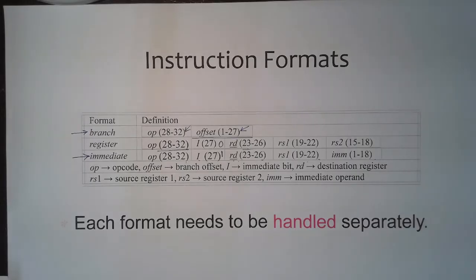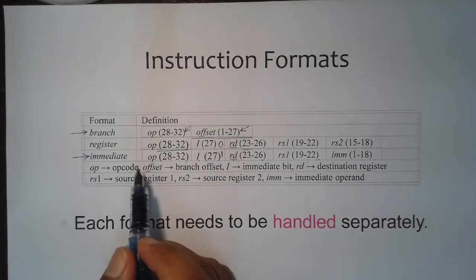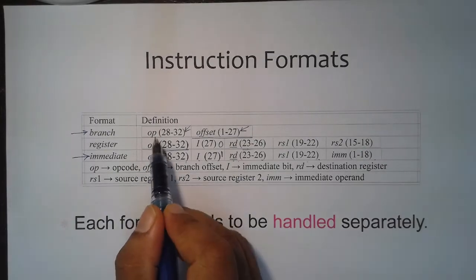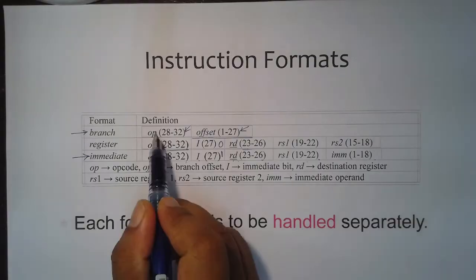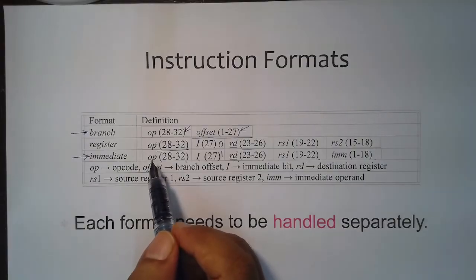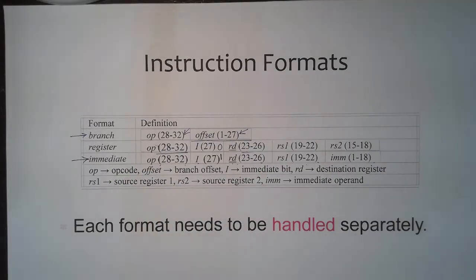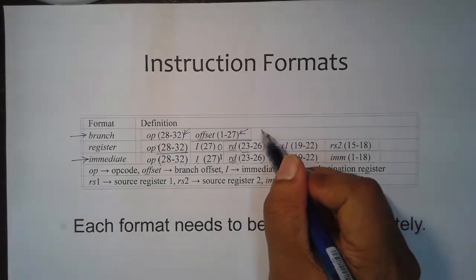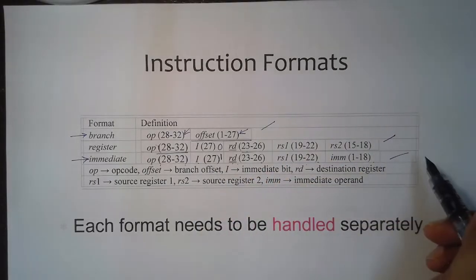So, what you can think of is that I have, let us say, 3 parallel units to deal with these 3 different cases. In the opcode fetch stage, I will do these operations in parallel.